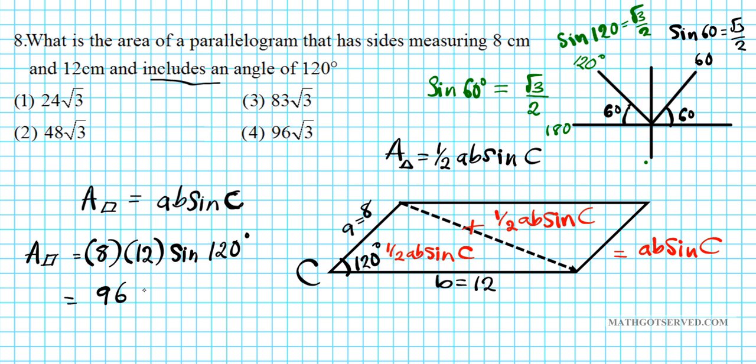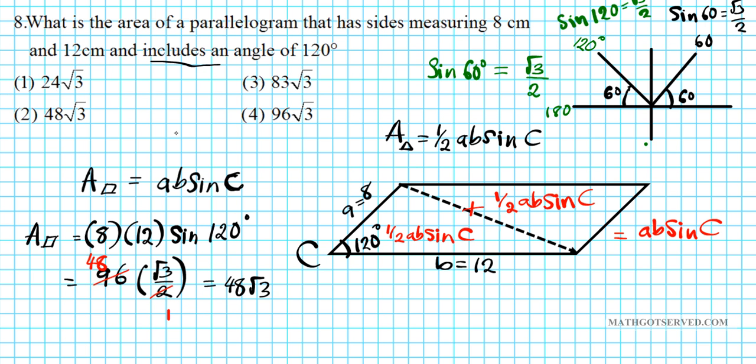So we're going to put the value here, root 3 over 2, and then just simplify. 2 goes here 1, 2 goes here 48 times, and then multiply across. You have 48 root 3 as the area of your parallelogram. So our answer is option number 2.